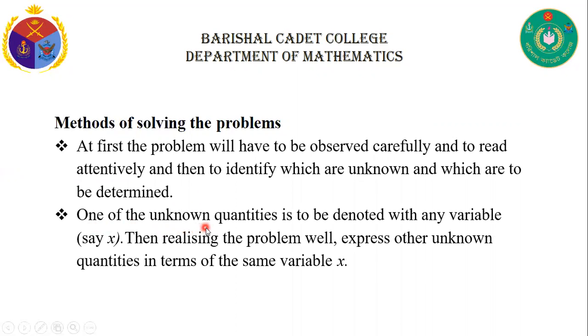One of the unknown quantities is to be denoted with a variable, say x. Then, realizing the problem well, express the other unknown quantities in terms of the same variable x. So first we choose one unknown quantity, and then simplify all of it.